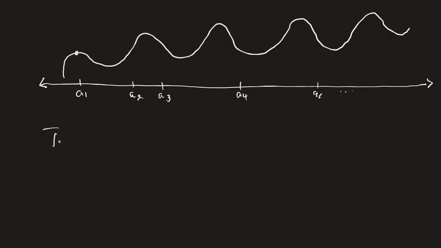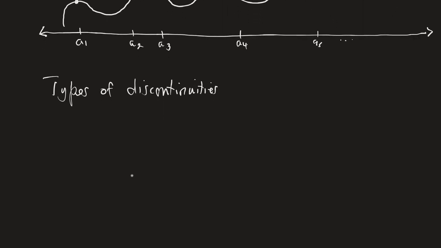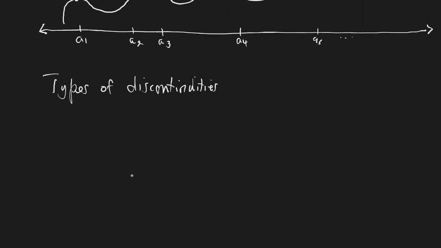So let's briefly talk about the types of discontinuities. In other words, what are all the different ways that the definition could fail? Well, the one that was closest to our requirements of continuity are ones that look like this, where just a single point is kind of missing.